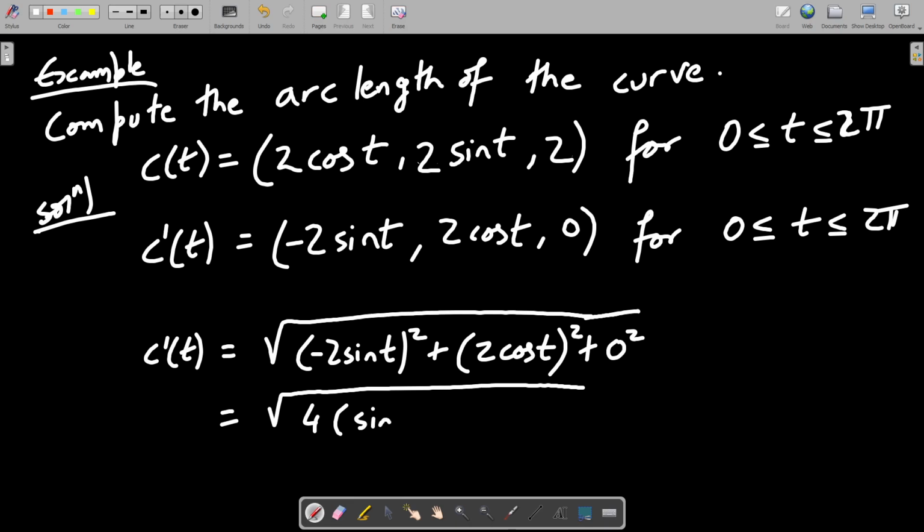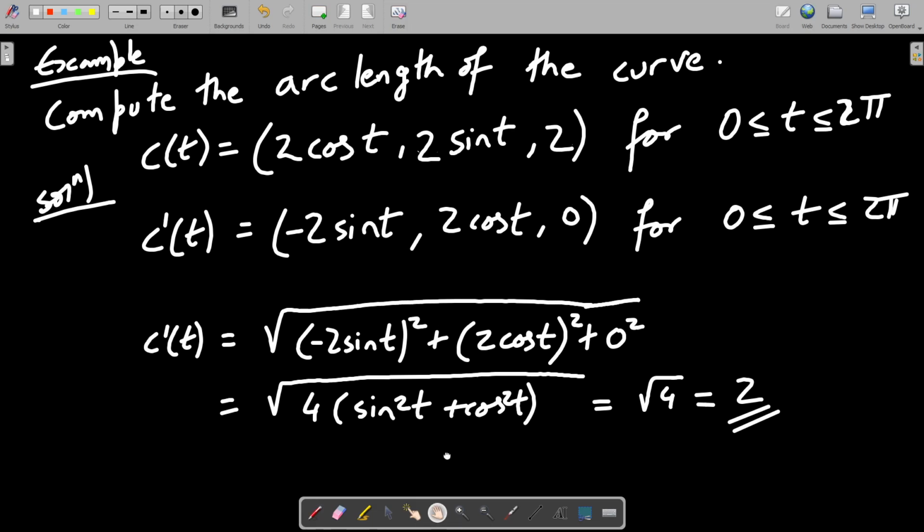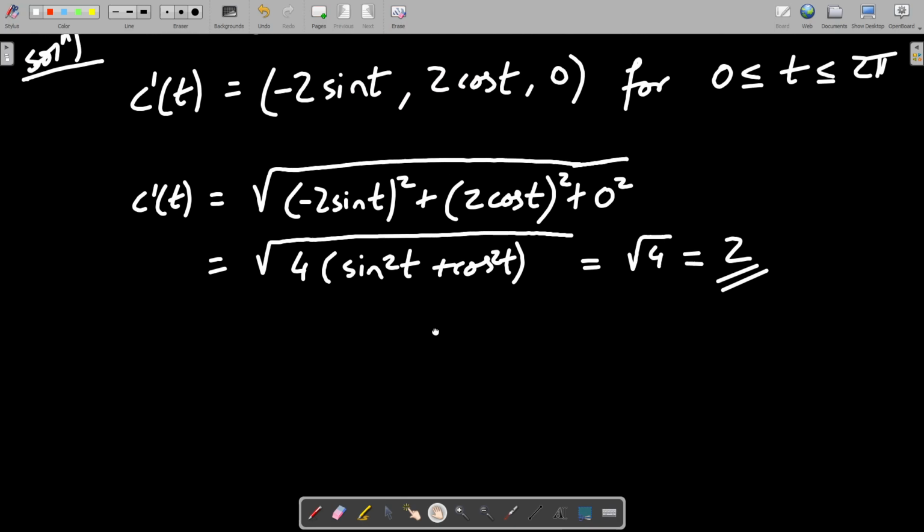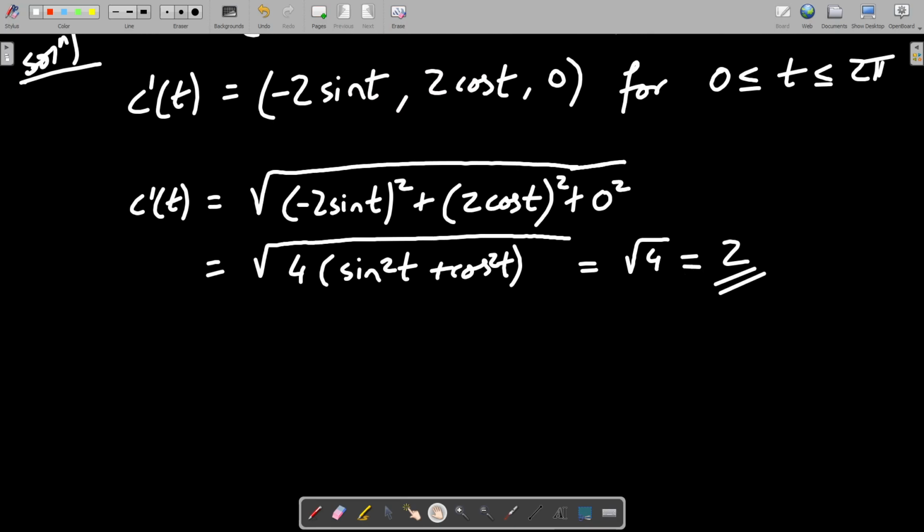Four times common will come, sin square t plus cos square t, so root 4, this is going to become equal to 2. Note down the norm of C prime of t.